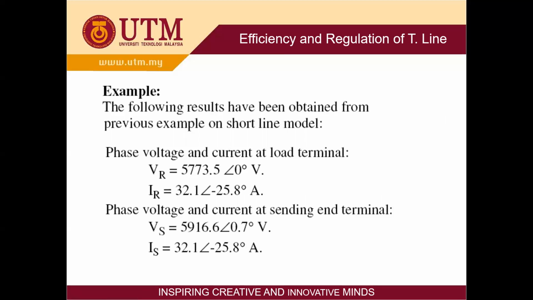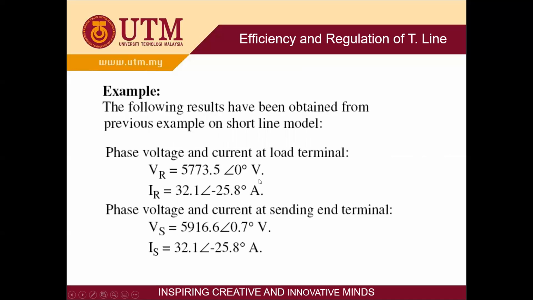So, an example of the voltage regulation, a very simple one. The following results were obtained from the previous short line model. We have the phase voltage and current at the load terminal like this, and the phase voltage and current at the sending end.